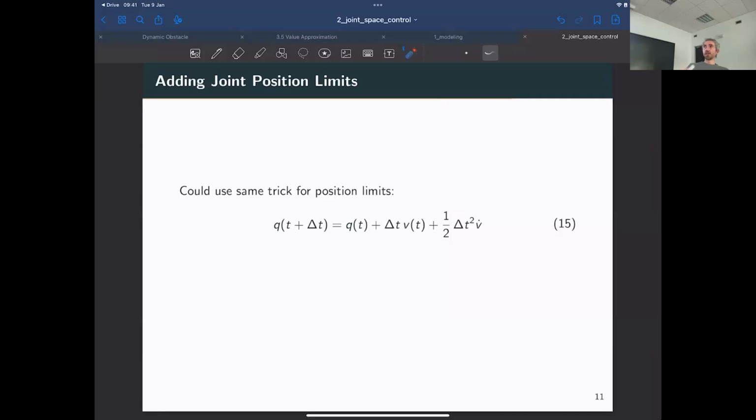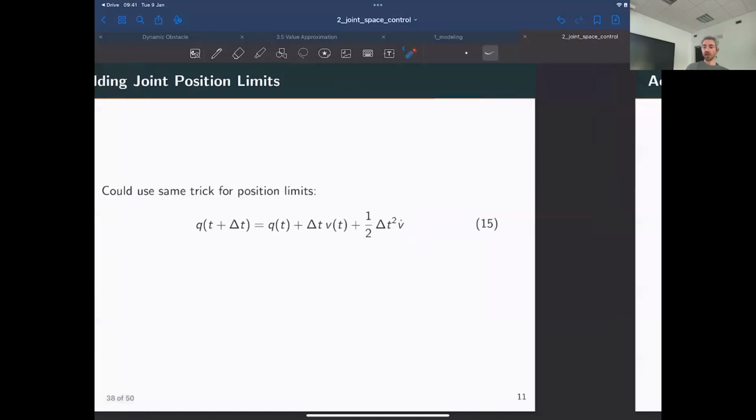That is, instead of applying the constraint on the current joint positions, we apply it on the joint positions at the next iteration, so q of t plus delta t. And if I assume that I have a constant acceleration for the time step, the expression that I get is this one, which is linear with respect to v dot. So I could add this as a constraint inside my problem.